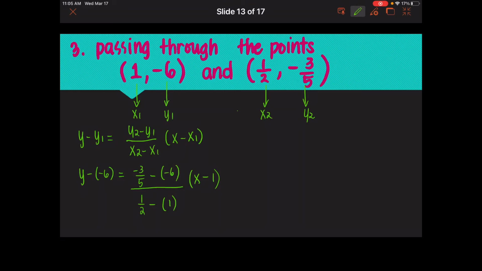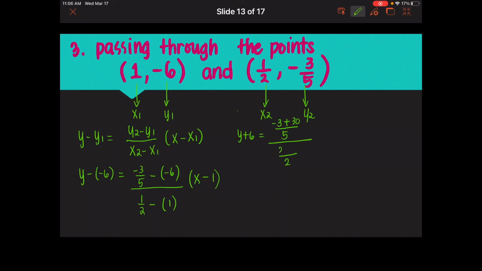So we will simplify it first. So we will have y plus 6 equals, we get the LCD of our numerator. So the LCD is 5. So I'll have negative 3 plus, because it's negative and negative, it will become plus. So 5 times 6 is 30 over the LCD of my denominator is 2.